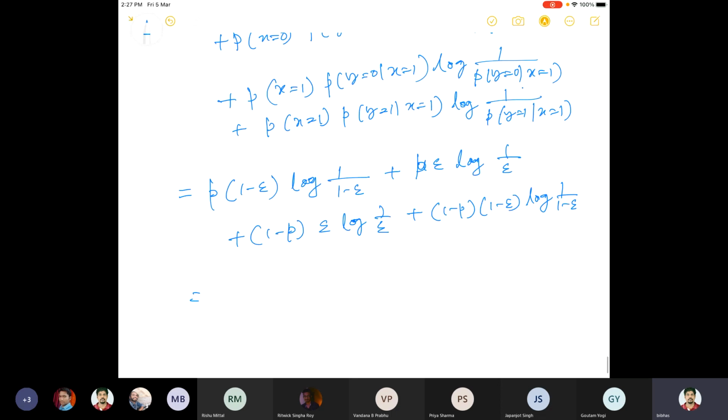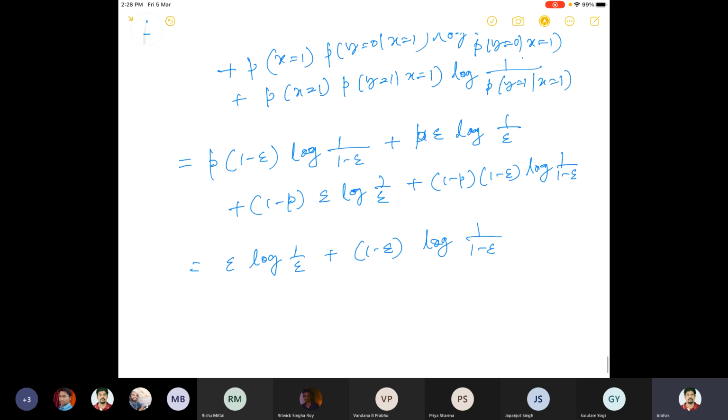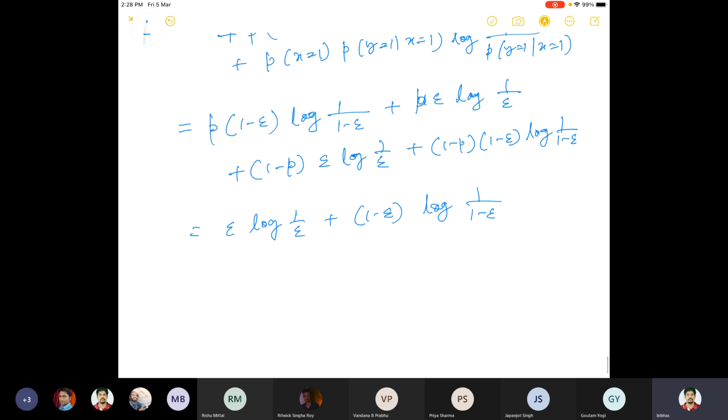Now I can do a little computation, some addition, some subtraction. It will give me epsilon log of 1 by epsilon plus 1 minus epsilon log of 1 by 1 minus epsilon. So if you do a little bit of algebraic manipulation, it will give you this.